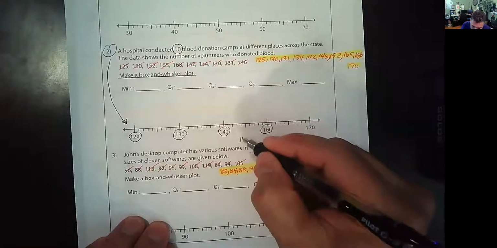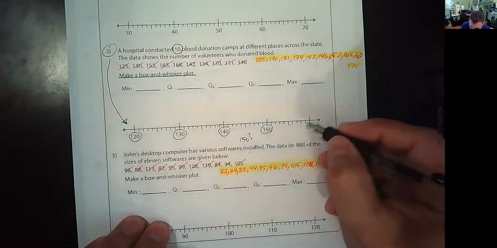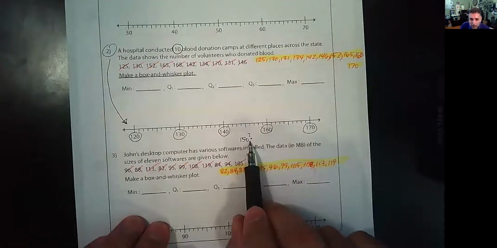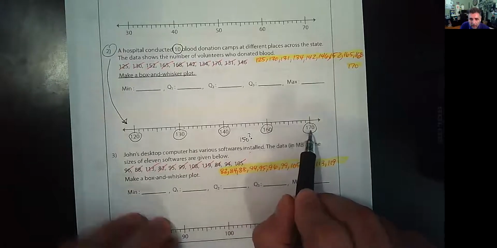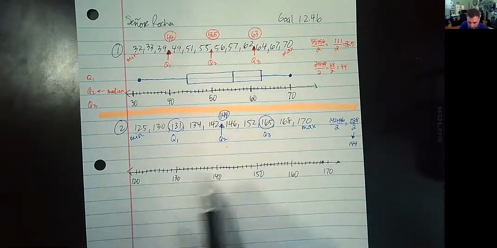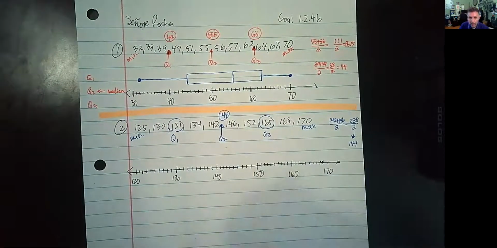It skipped 150. Then it goes to 170. So be careful if you're looking at the assignment paper. It should be 150, 160, and then 170, right? But anyway, we got it correct on here. 120, 130, 140, 150, 160, 170.